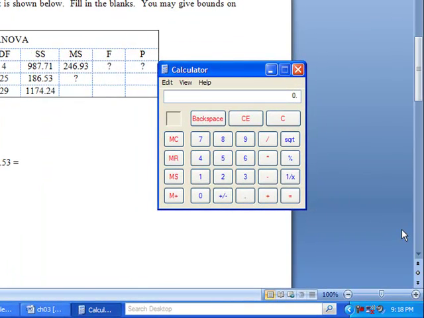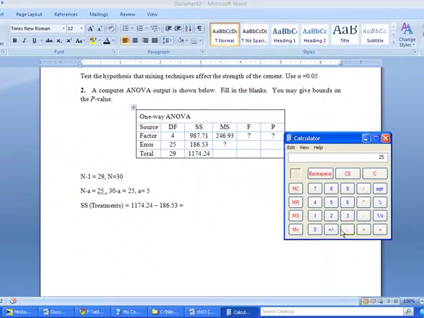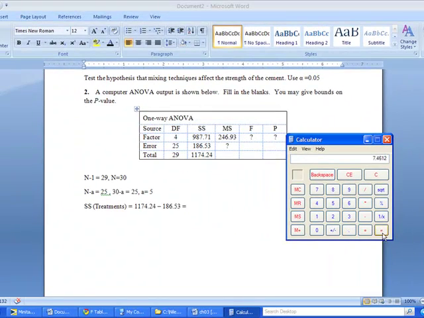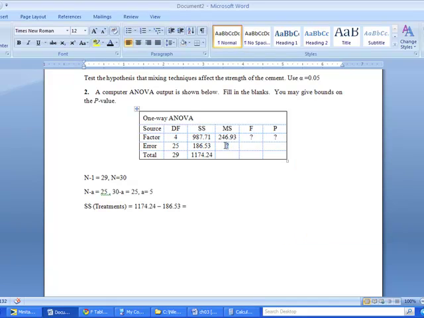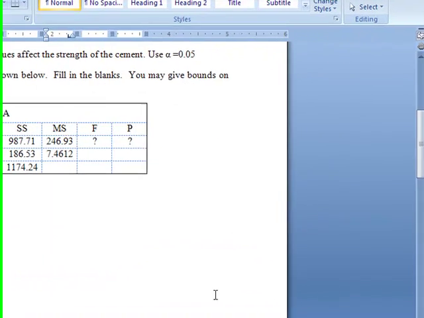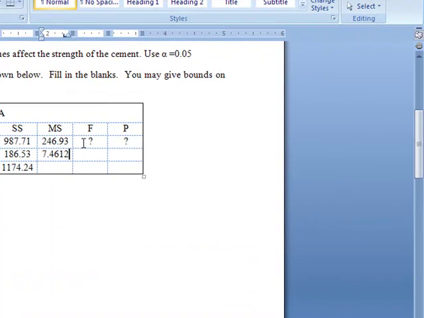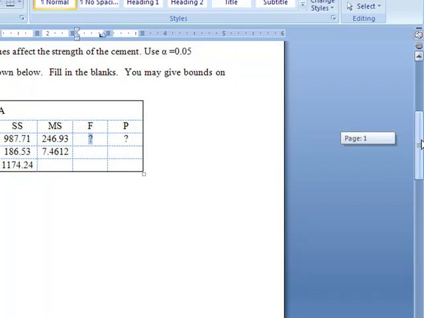So sum of squares is 186.53 divided by degrees of freedom, which is 25. We get 7.4612, right?